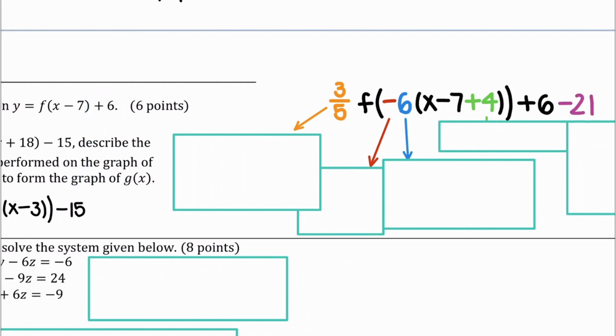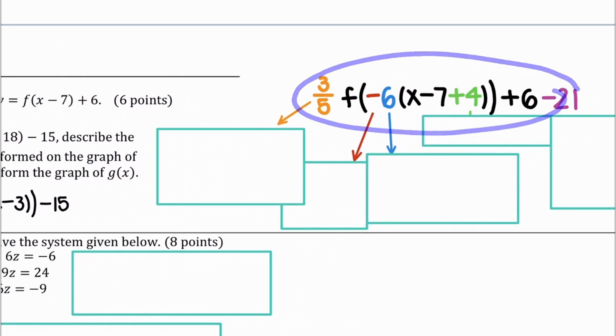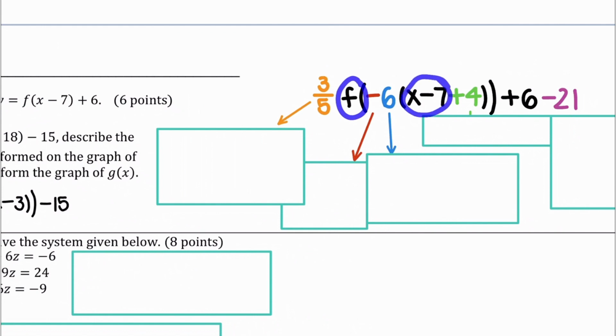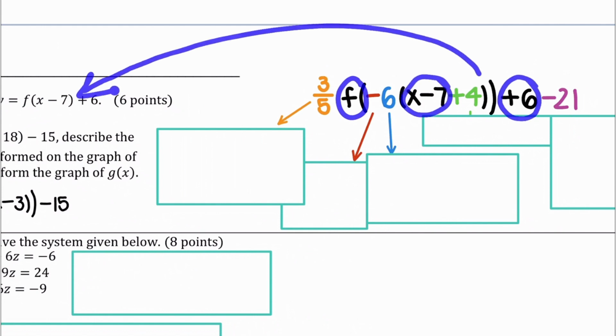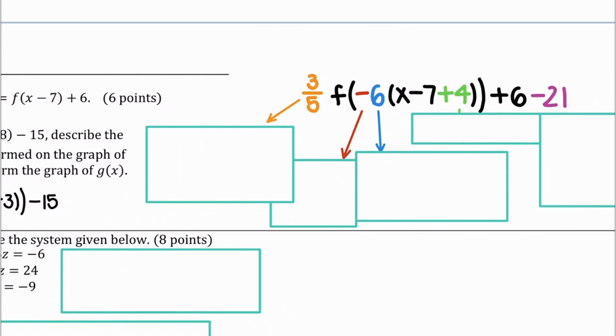That's going to be a minus 21. Notice very carefully, everything in black is the original function, and everything in color are the operations performed to get g of x.